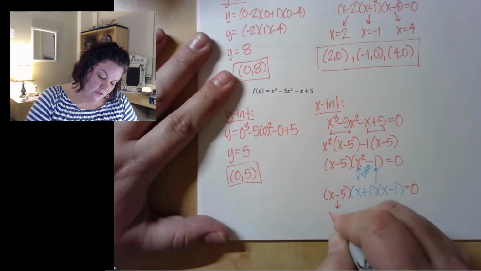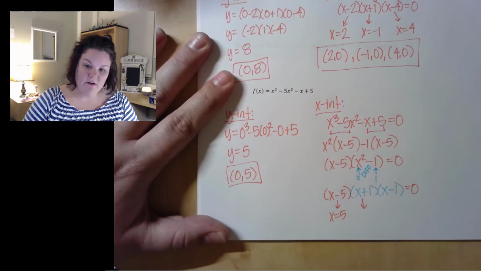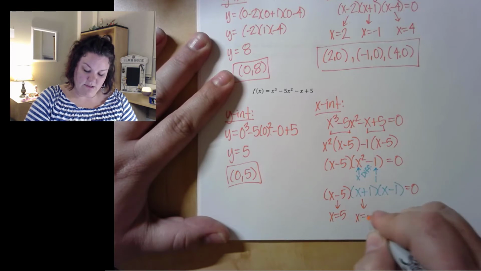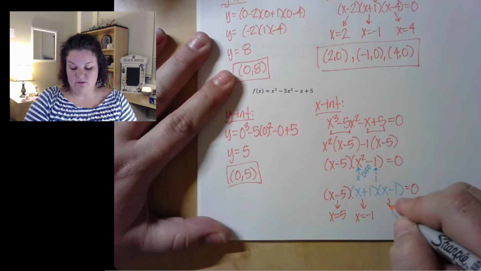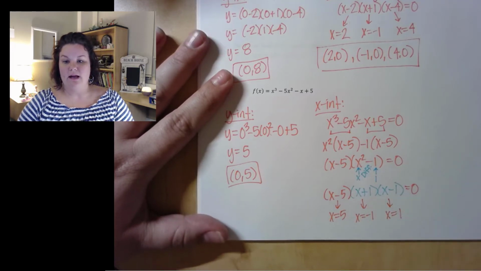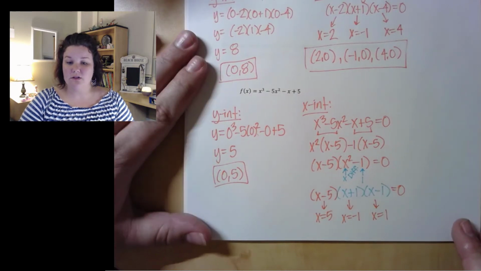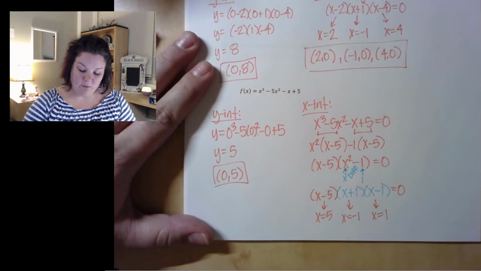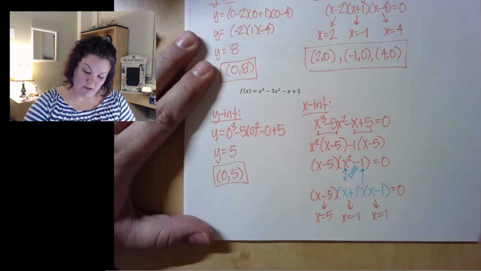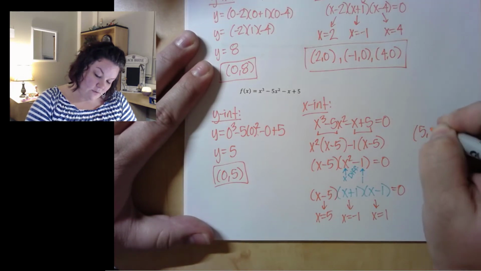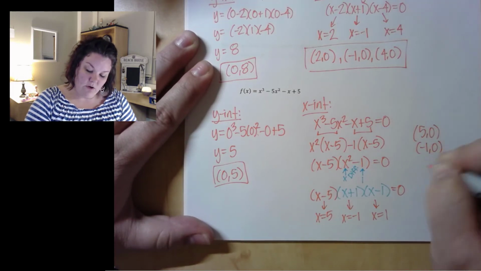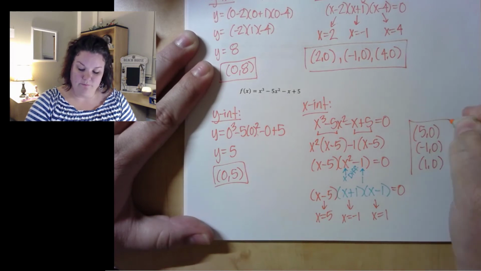When I solve this one, I'll get x equals positive 5. When I solve this one, I'll get x equals -1. And when I solve this one, I'll get x equals positive 1. And then we want to make sure that we write those as ordered pairs. I'm going to write them over here to the side because I'm kind of squished down here. So we end up with (5, 0), (-1, 0), and (1, 0).